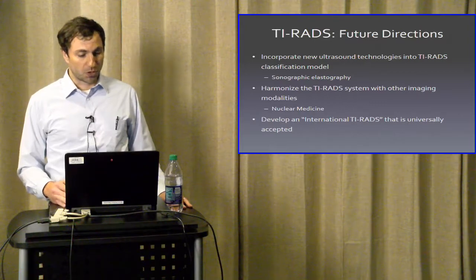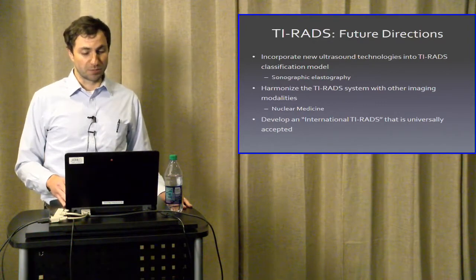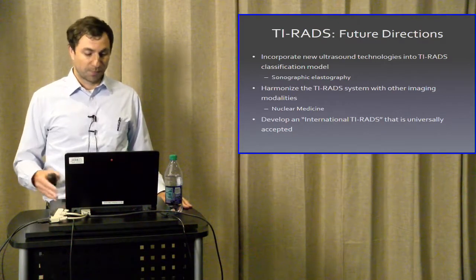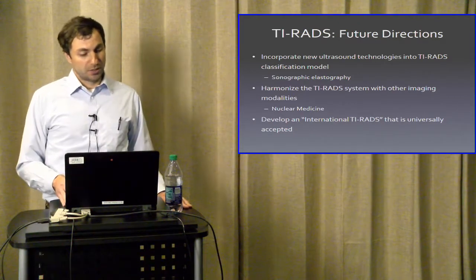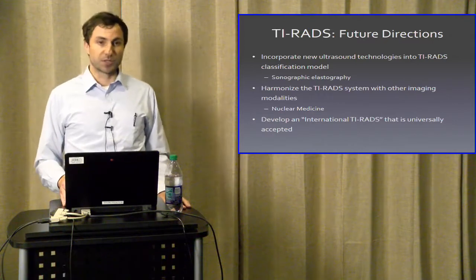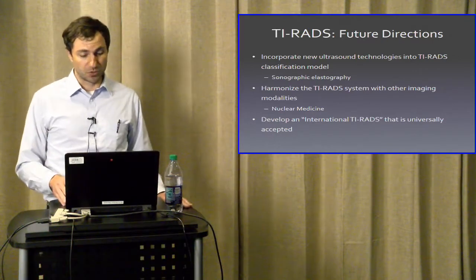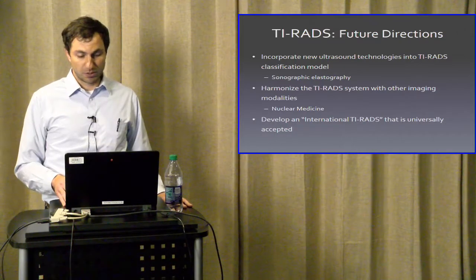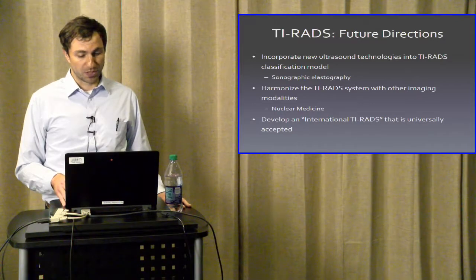There is a goal to harmonize the TI-RADS system with other imaging modalities, for example, thyroid scintigraphy. If you have a cold nodule which has a reported higher risk of malignancy, how does that get factored into TI-RADS scoring? Hopefully that will be addressed in future research and future papers that come out.